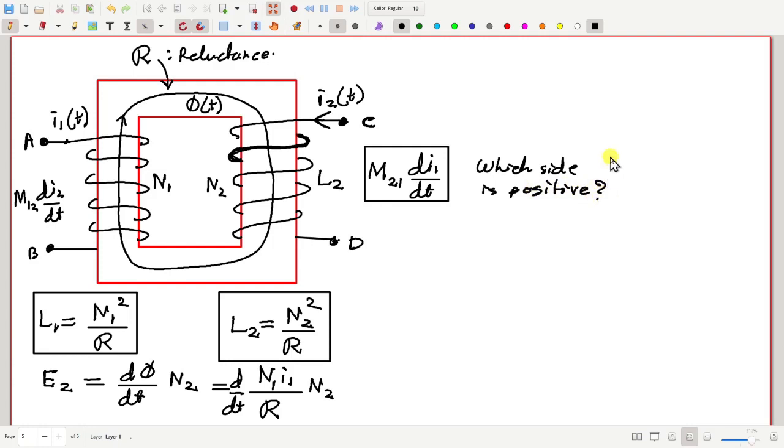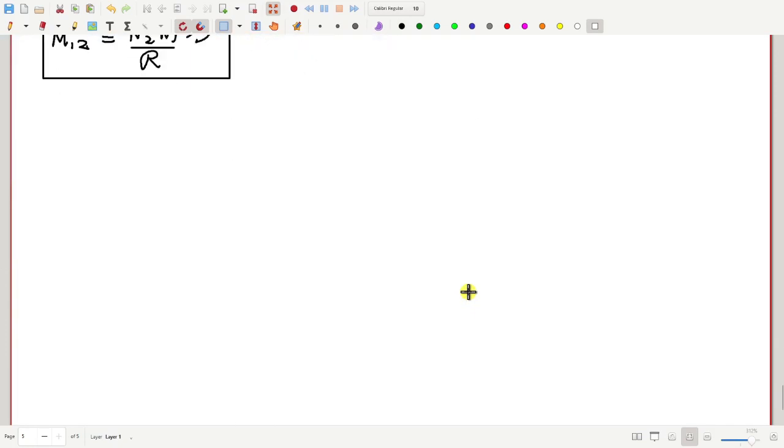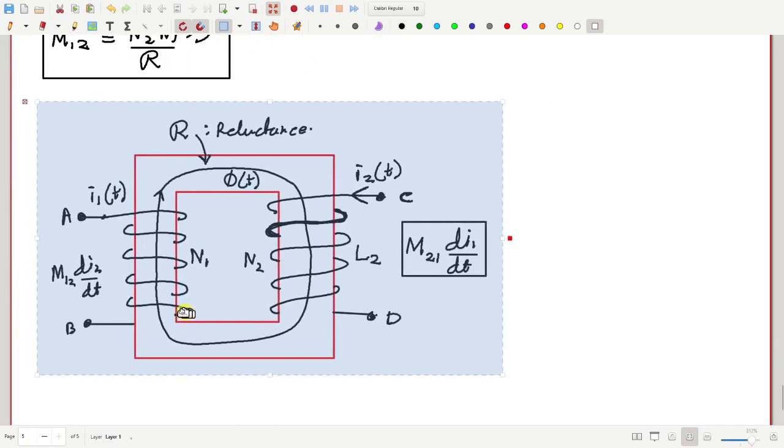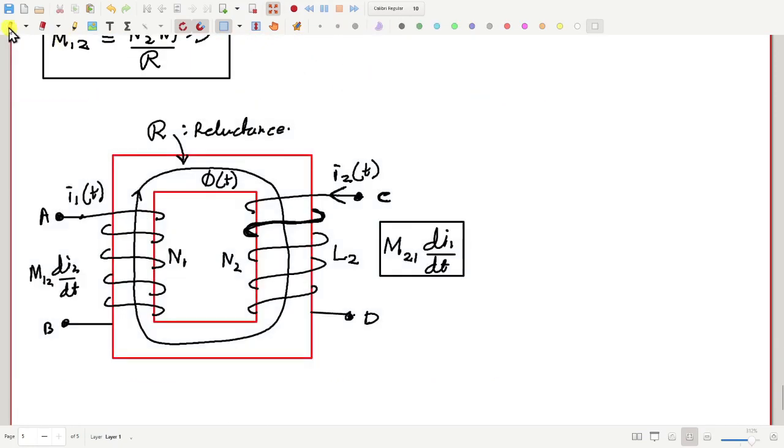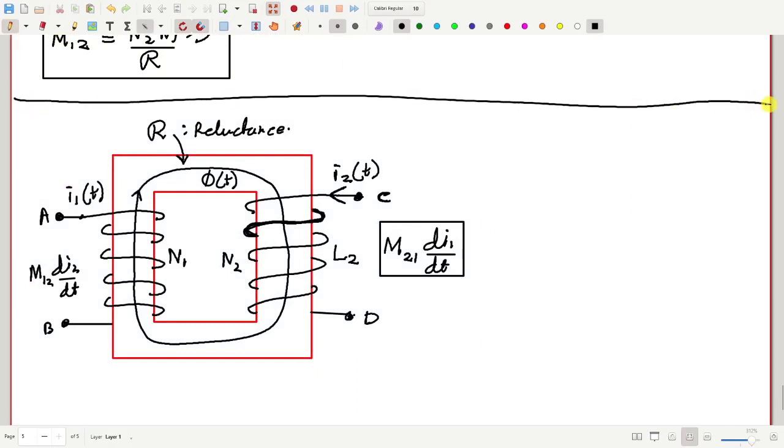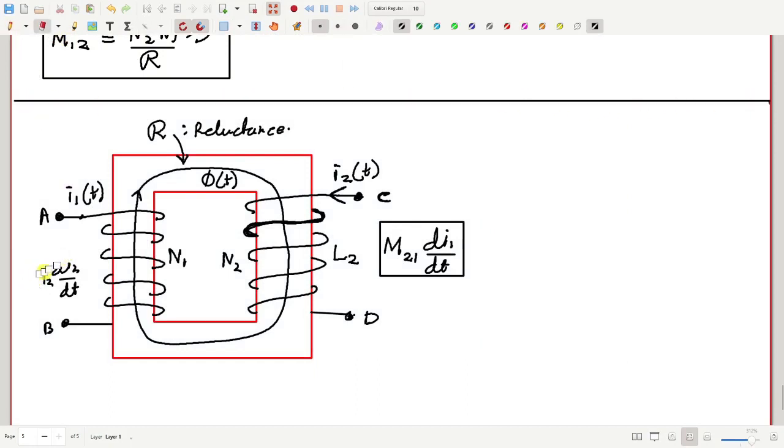Okay, so let us ask this question and see what we can say. Now we have only current in the first coil, and here current is 0.